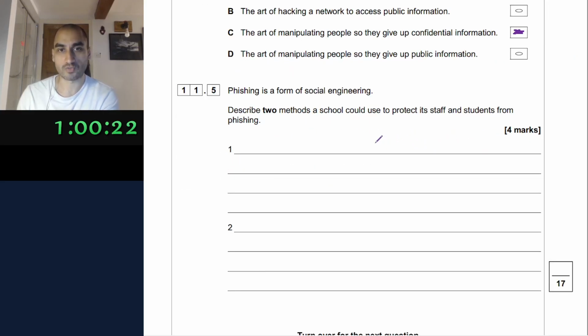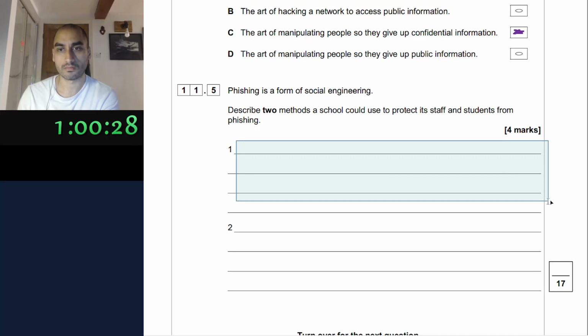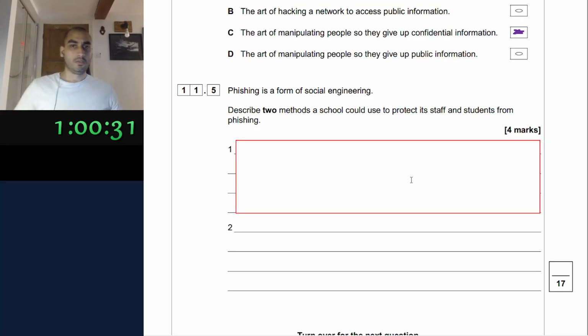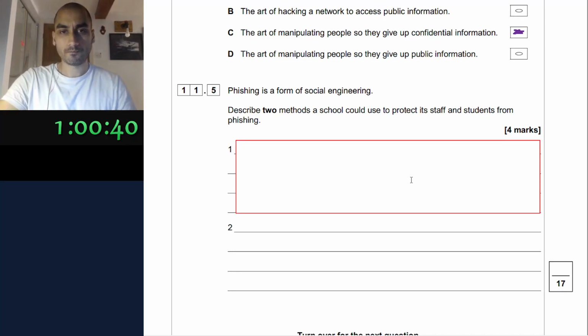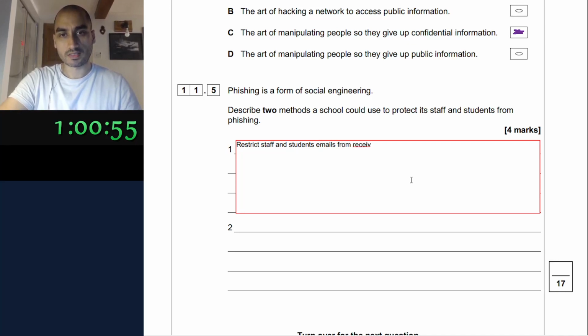Phishing is a form of social engineering. Describe 2 methods a school could use to protect its staff and students from phishing. Restrict staff and students' emails from receiving emails from outside or unrecognized sources.